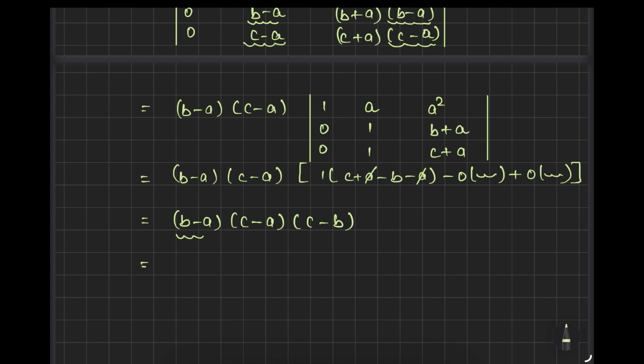So what I will do, I will take minus common from this to make a minus b. C minus a is okay. And here also I will take minus common, so it will become b minus a, so minus minus will become plus, b minus c, and then c minus a. So it is a minus b, b minus c, c minus a.